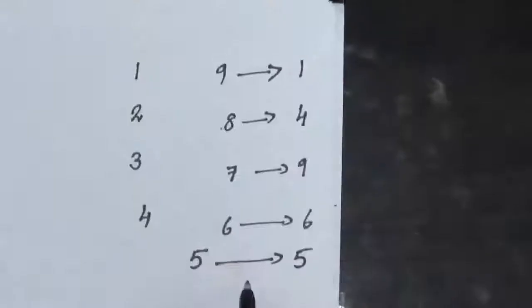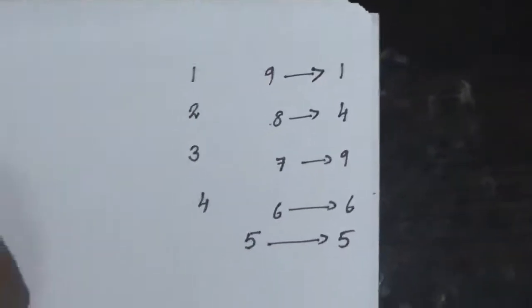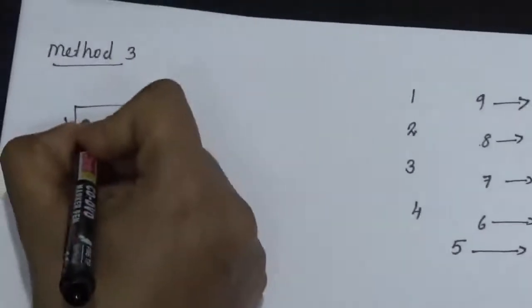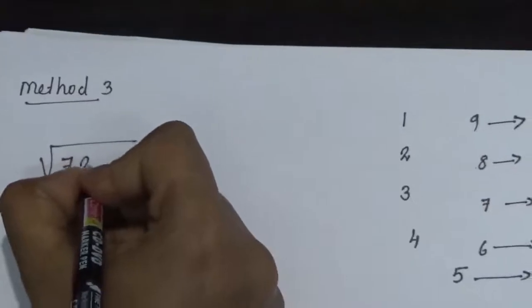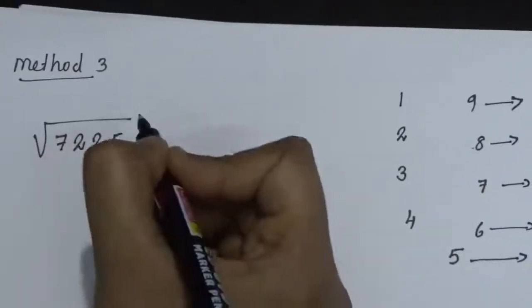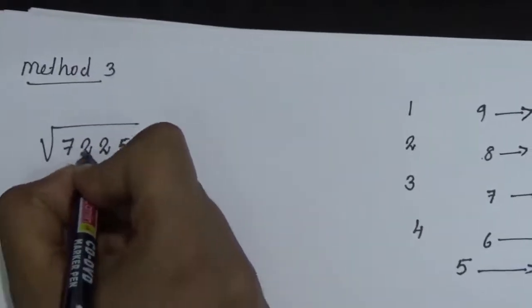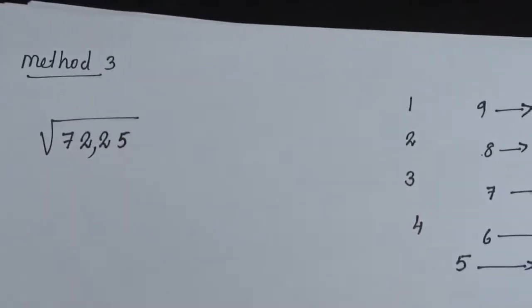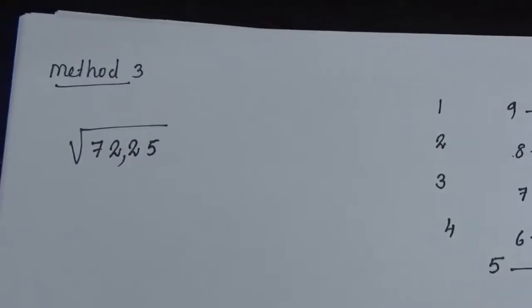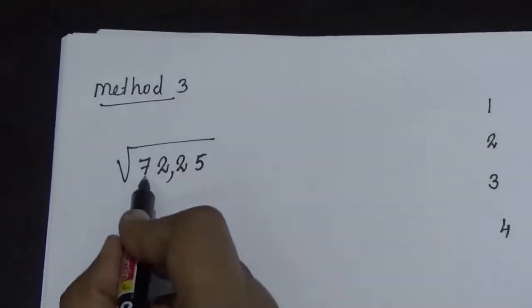Suppose you need to find the square root of the number 7225. Here also you have to mark off the figure into periods of 2. So we have 72 and 25. Now you find the perfect square less than this 72.